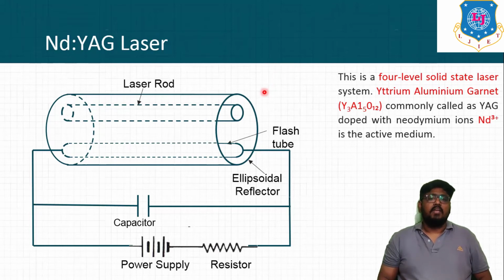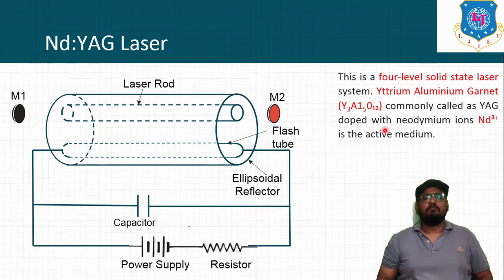Now, the end faces of the Nd:YAG rod are ground, polished and silvered to act as an optical resonator. As you can see over here, M1 and M2 are the two reflectors. Okay, so this forms an optical resonator. One of them is a partial reflector and one of them is a 100% reflector.